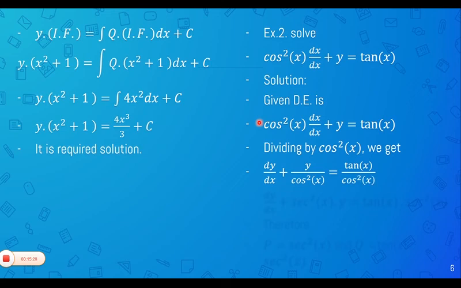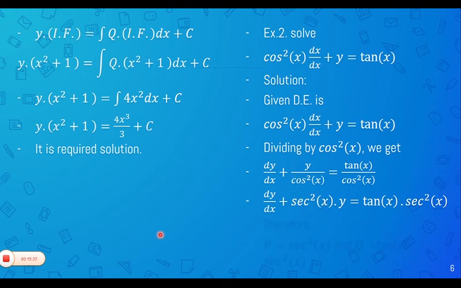From trigonometry, we know that 1 upon cos x is sec x. Therefore, the next step is dy by dx plus sec square x into y equal to tan x into sec square x. So instead of 1 upon cos square x, we have written sec square x.